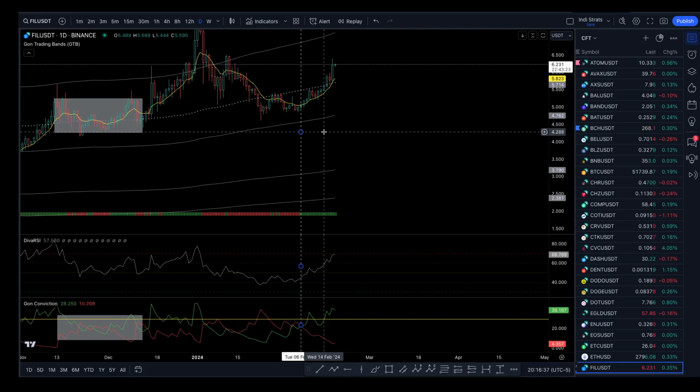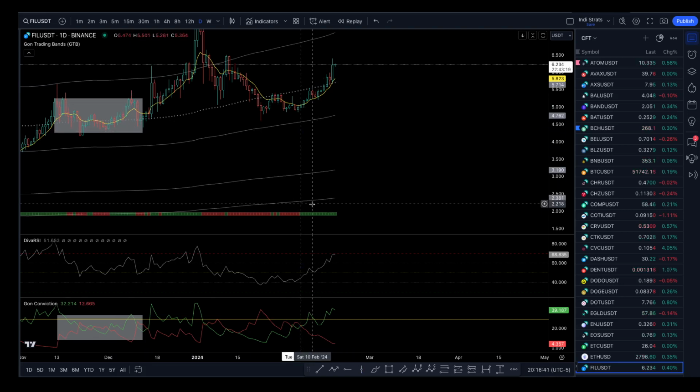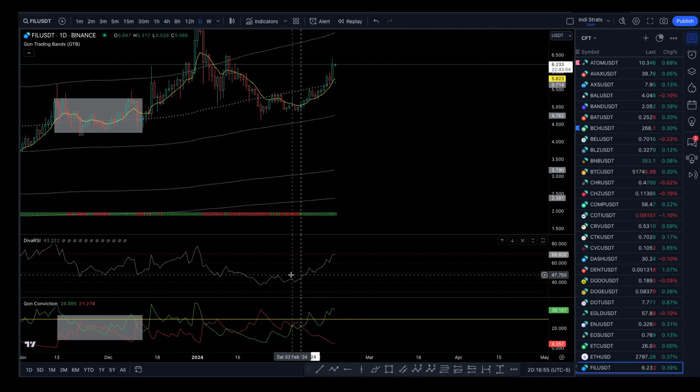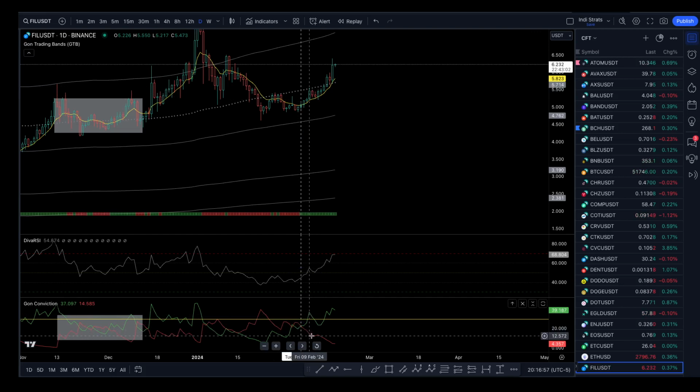Basically from here on. And even when the bull conviction went a little lower during the retest of the relative strength line, the bear conviction did not really shoot up as much.